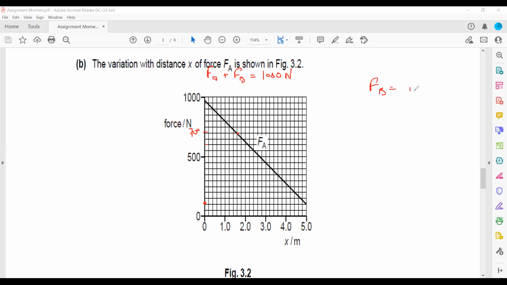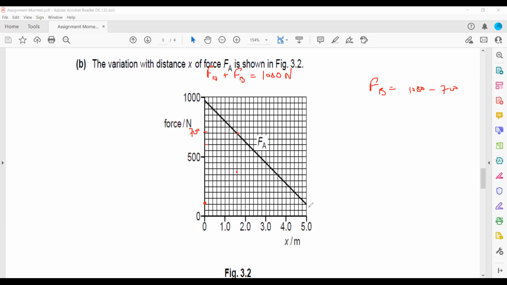Because FB is 1080 minus 700, that's 380. So FB will be 380 at this point. So this is 100, 200, 300, 350, this is 400. So it will be about 380, somewhere here.